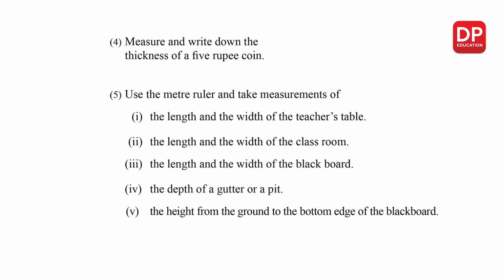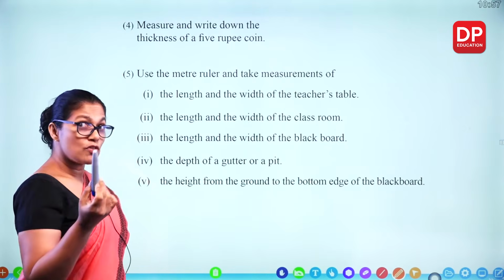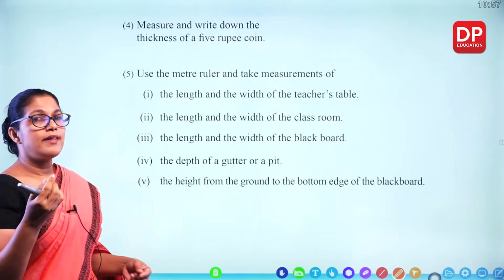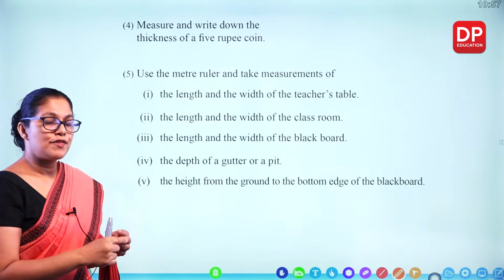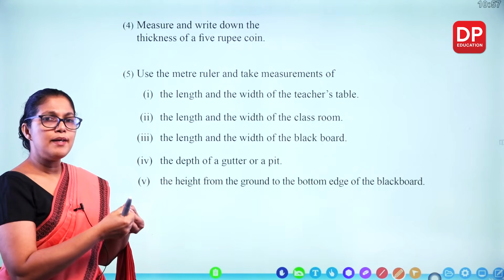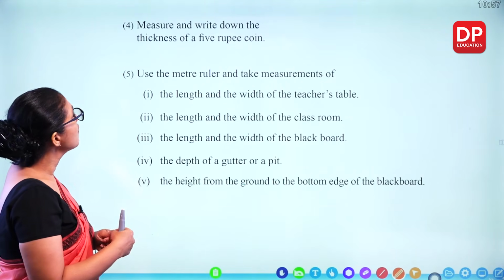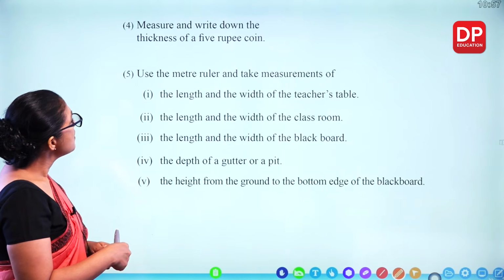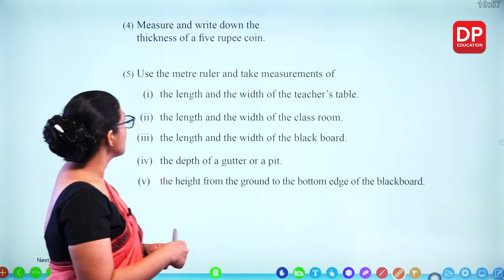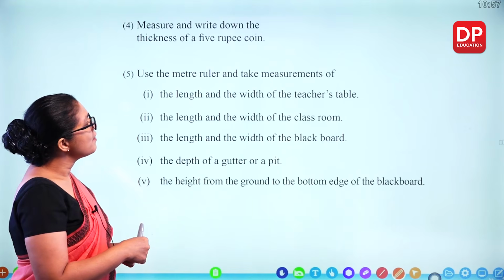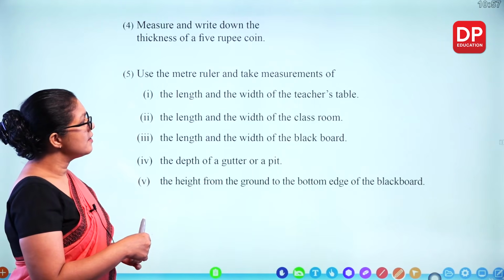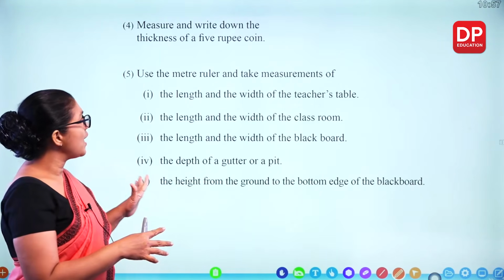Measure and write down the thickness of a 5 rupee coin. So you can do that. You can take your 15 centimeter ruler and measure the 5 rupee coin. Use the meter ruler and take measurements of the length and the width of the teacher's table. So this is an activity for you. You can do that.